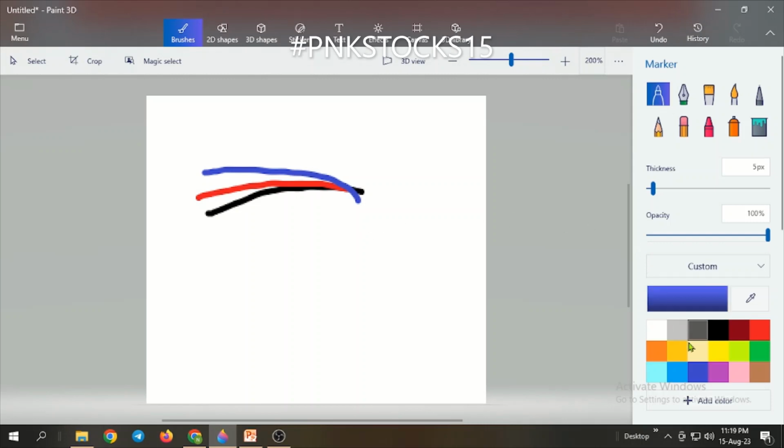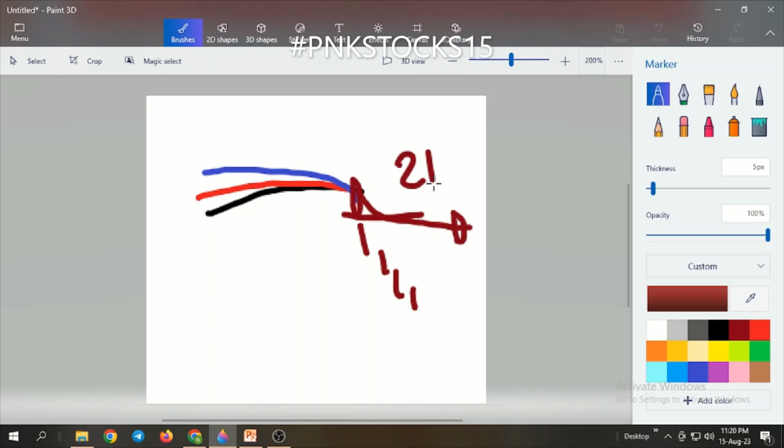When price breaks these 3 and closes below them, we enter here, and we stay in the trade until the candle forms, and we exit when price again comes back and closes above the 21 EMA.